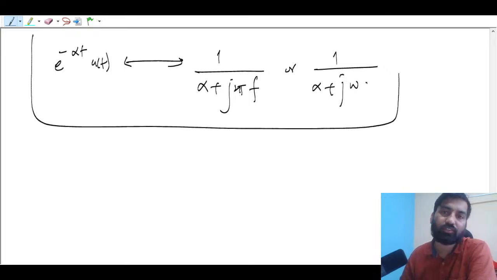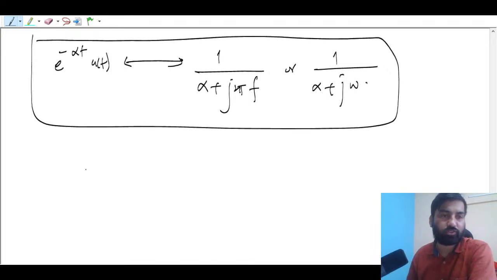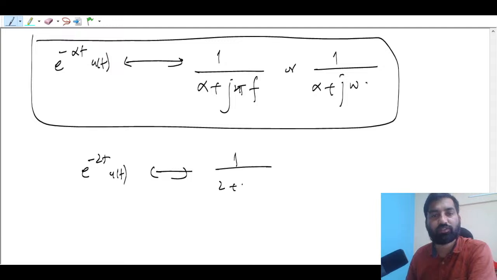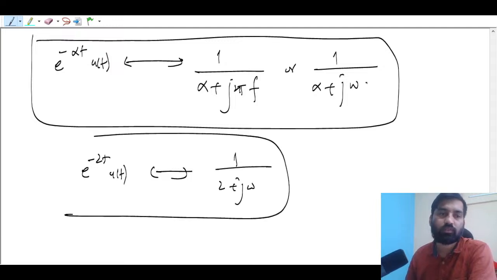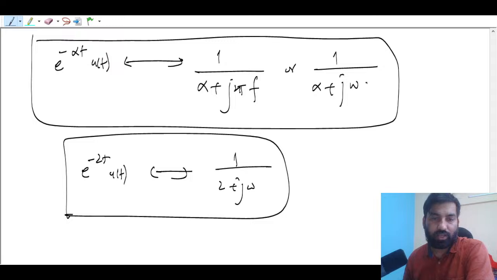Please do remember this Fourier transform. Suppose you have e raised to power minus 2t u(t). The Fourier transform is nothing but 1 upon 2 plus j omega. Please remember this.